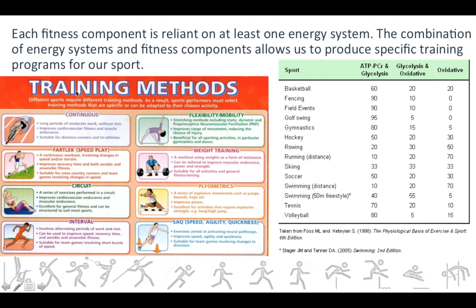If you said continuous training, you would be correct. What about if I asked the best training method to improve power? Which training method would you choose? If you said plyometrics, you would be correct.